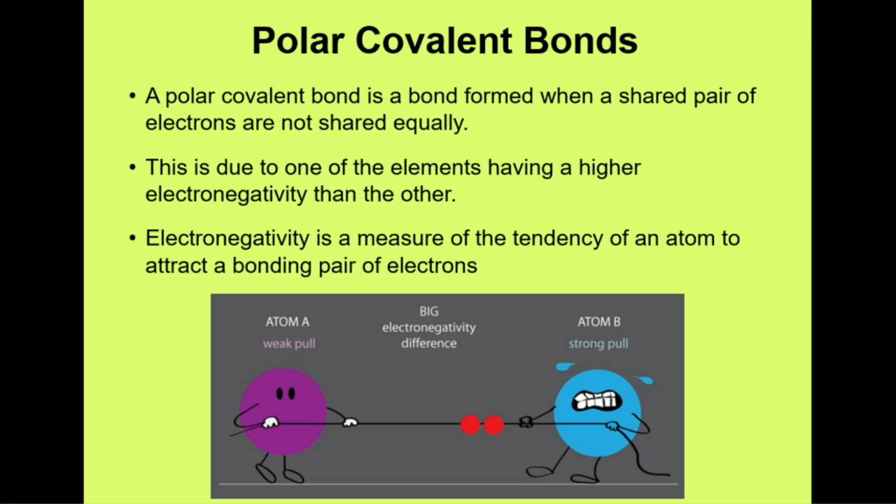So electronegativity is a measure of the tendency of an atom to attract a bonding pair of electrons. We'll also see this in later lessons, when we see covalent bonds between nitrogen and hydrogen. Nitrogen, a bit like oxygen, is more electronegative than hydrogen. So in those covalent bonds, the electrons will sit much closer to nitrogen than they do hydrogen.